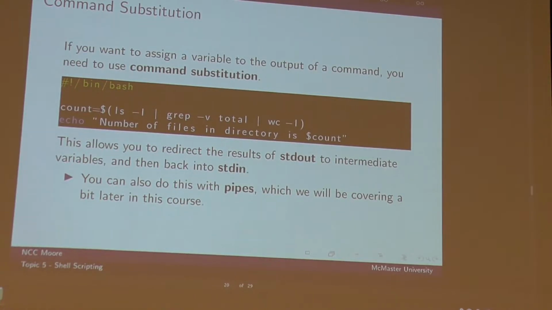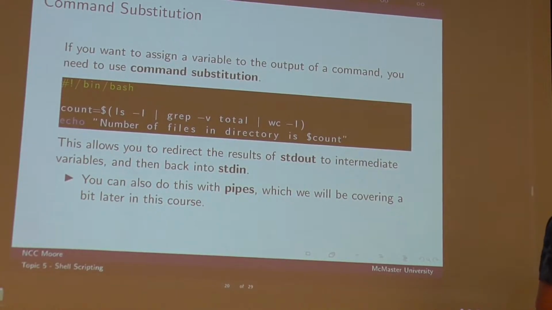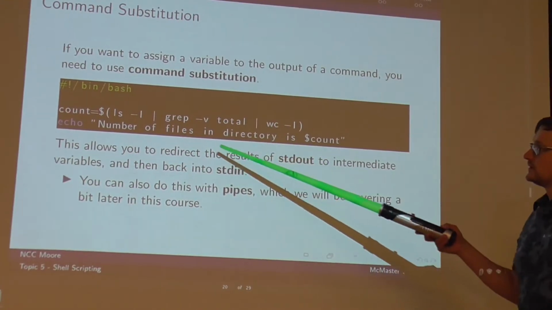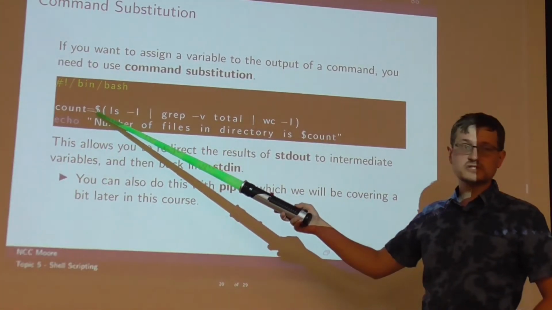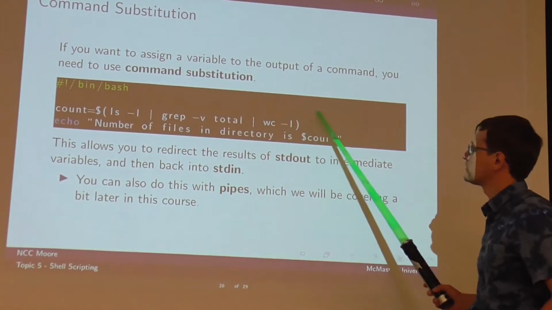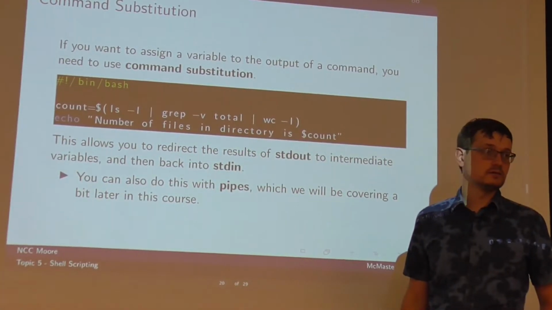So, command substitution. If you want to assign a variable to the output of a command, you need to use what's called command substitution. So, we use the dollar sign again, but then we have round braces bracketing another command.